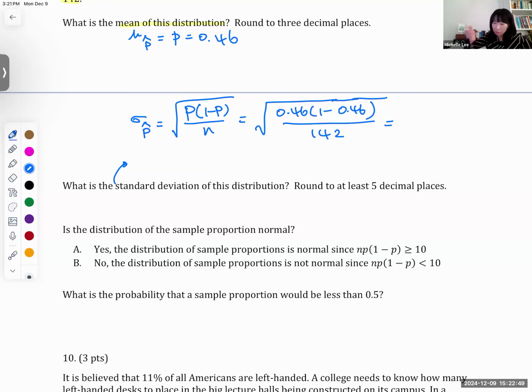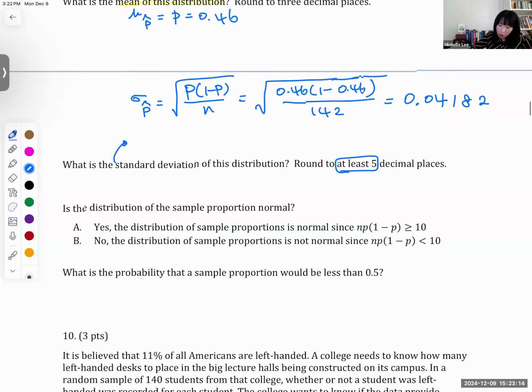Thank you in the chat, both of you. 0.0418. And let's make it 5 decimal places. Sorry about that. They said at least 5. So 0.04182. Okay, you got it. At least 5. Okay.